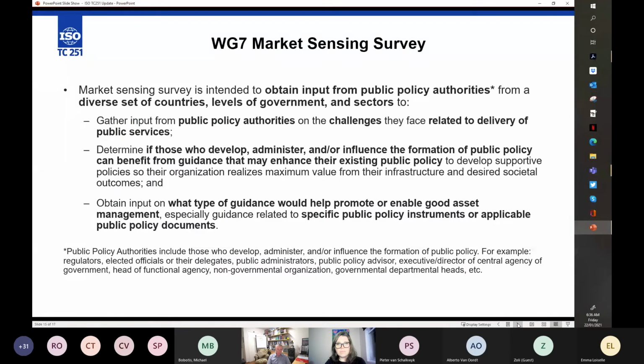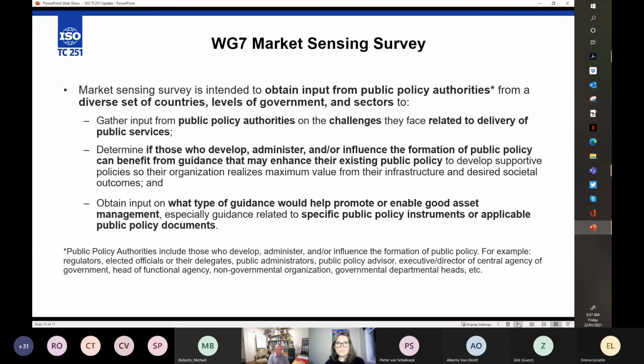Working Group 7 is a discrete one. They've been looking at public policy. How do we develop public policy? It's probably fair to say this group has been in existence for quite some time and struggled to understand what it's trying to produce in terms of the requirements of various countries.